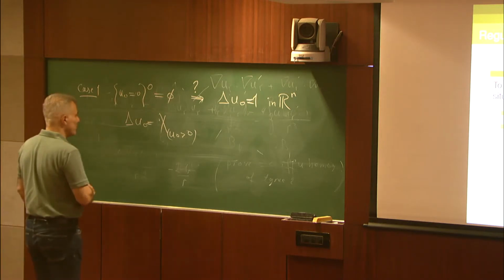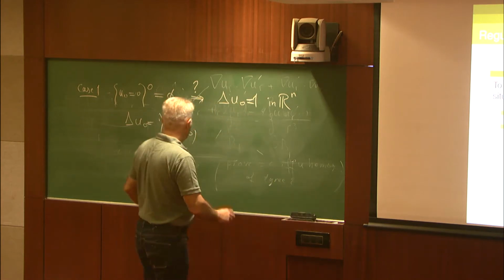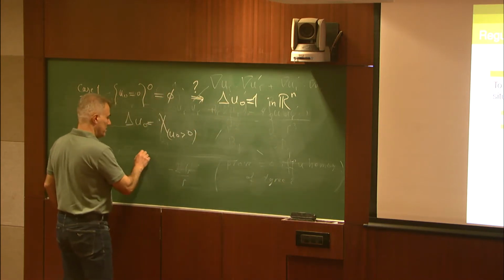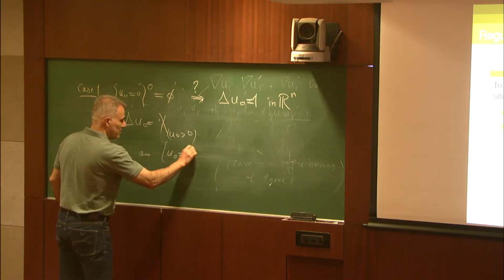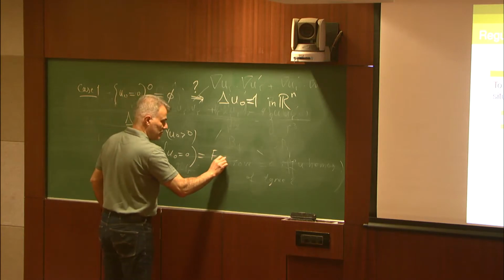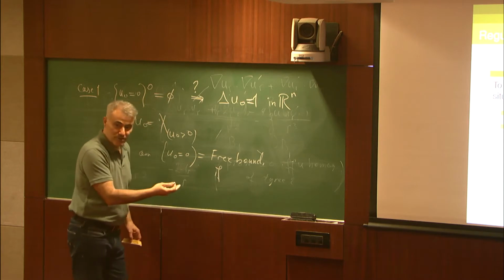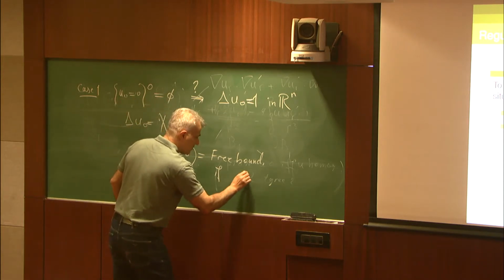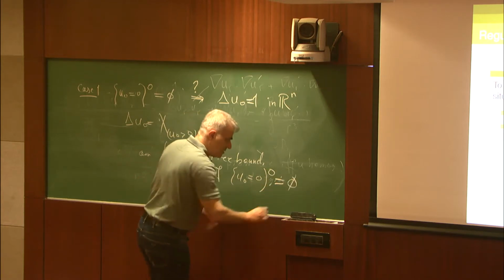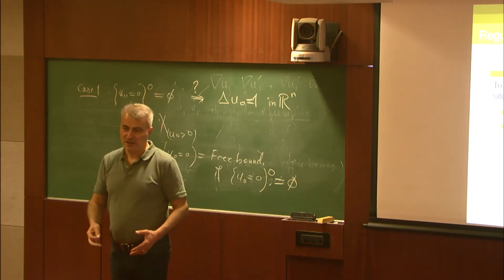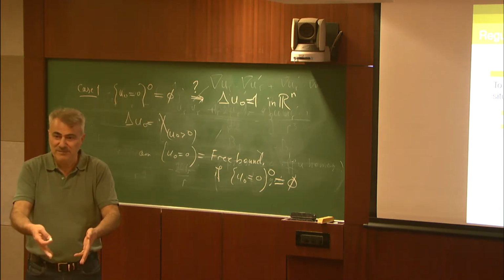It has no interior, so the Laplacian of U is going to be basically this, and where U0 is 0, this is exactly the free boundary. If its interior is empty, if you take a set that has no interior, the boundary is itself.